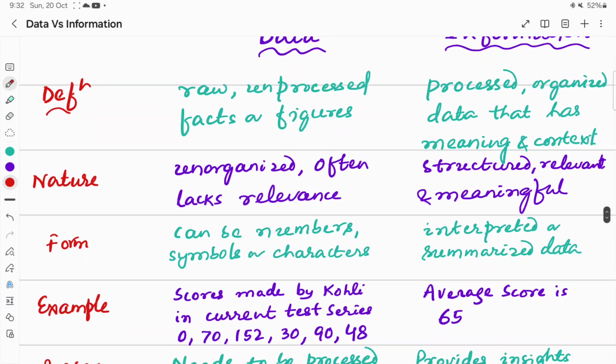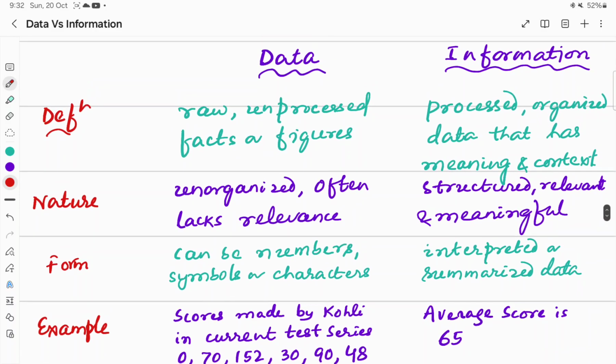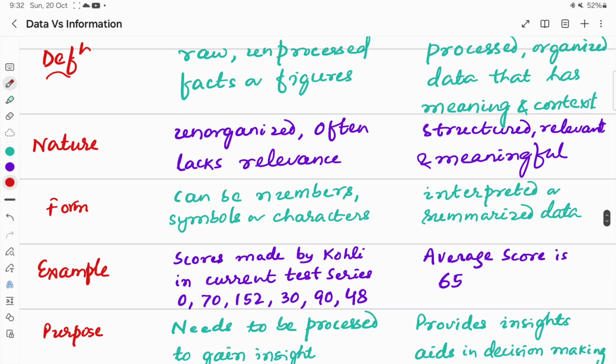If we say the nature, the data are unorganized, often lacks any relevance, whereas information is relevant, structured and meaningful. Data can be numbers, symbols or characters. The information is interpreted or summarized data.